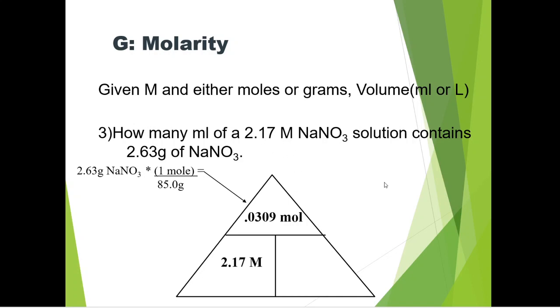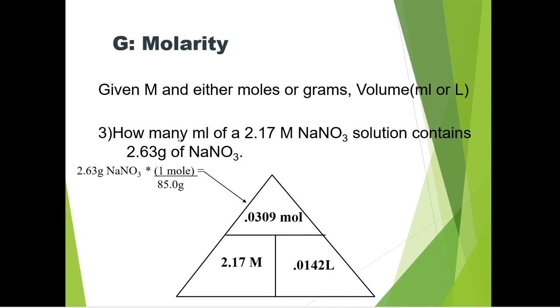Now notice, the one thing it wants to know is milliliters. You would take your triangle, and notice you don't have to rearrange the equation, because in our triangle, you would just divide these. You'd take the moles and divide by the molarity. So 0.0309 divided by 2.17 will get you 0.0142 liters.